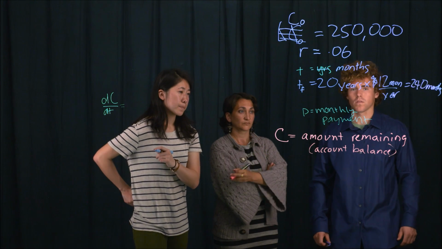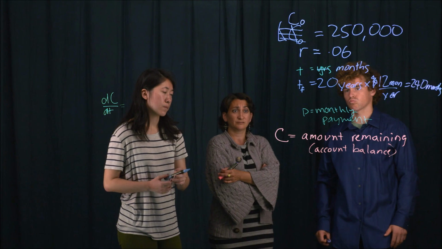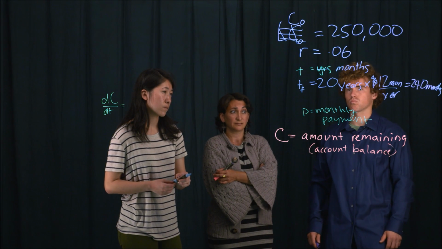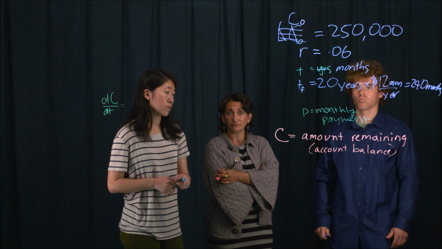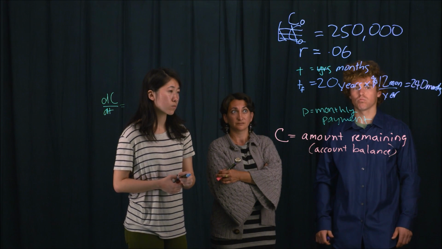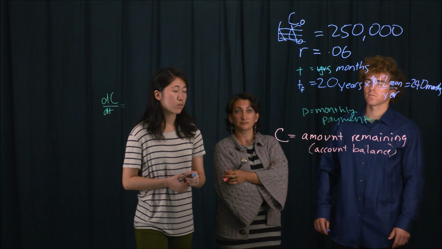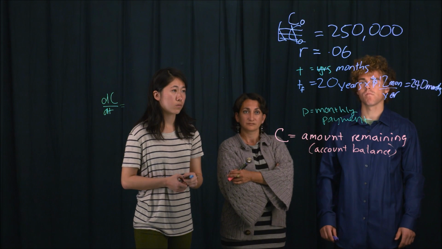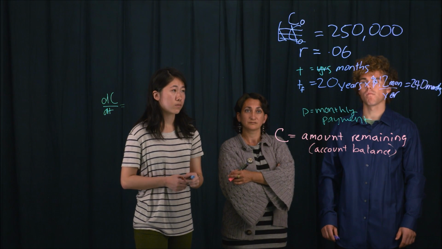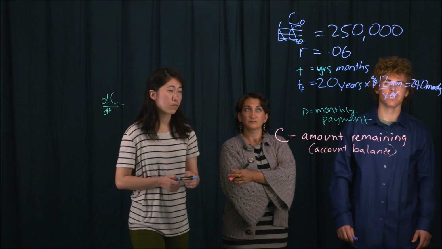But if we were to calculate the rate, maybe the whole year is 6%. C times R over 12, the amount remaining times the rate over 12. Correct, R divided by 12 gives us the interest rate per month, because 6% is for the whole year.